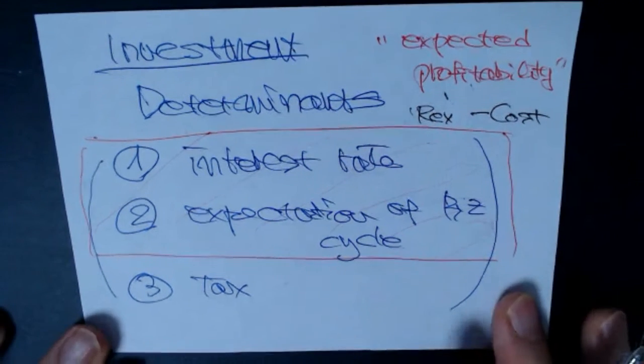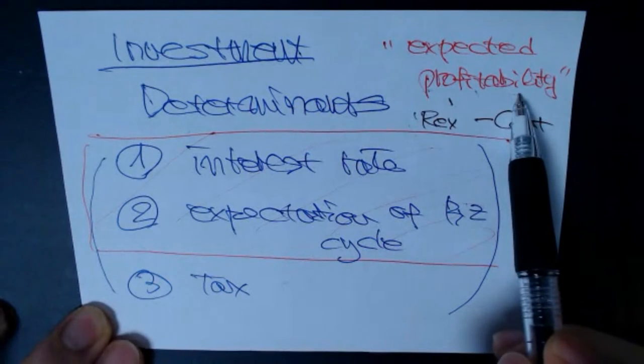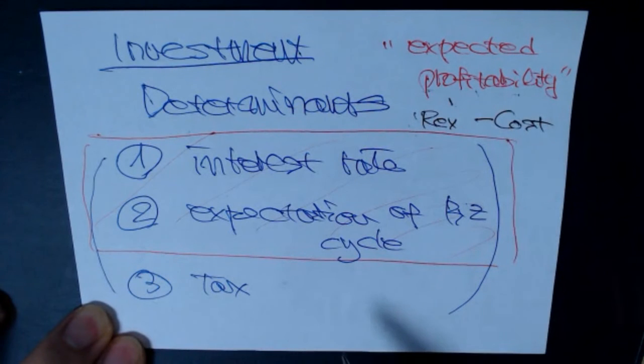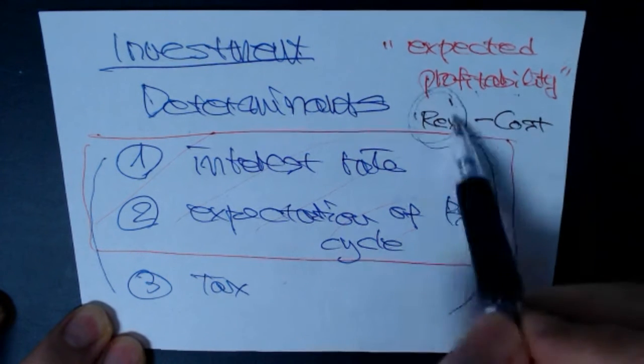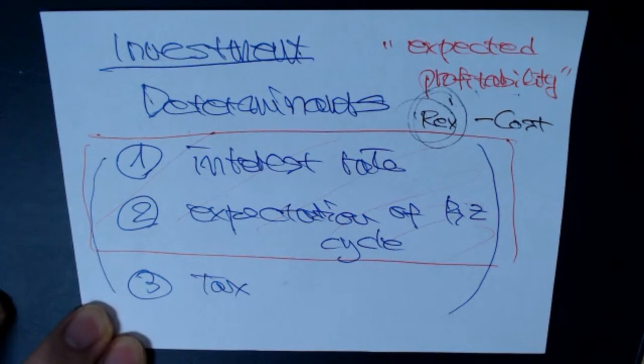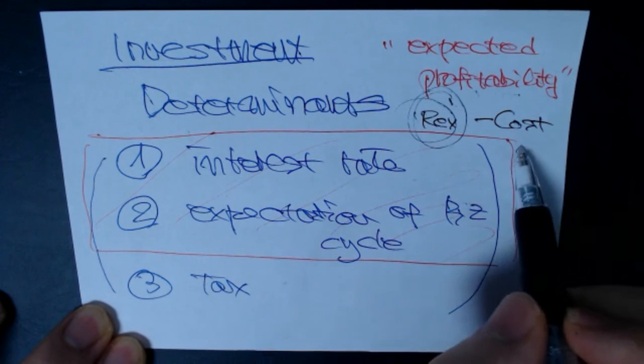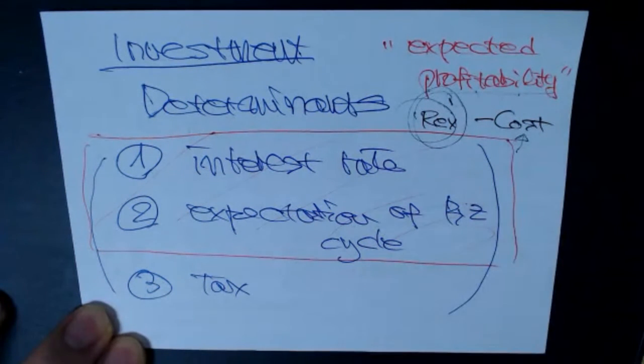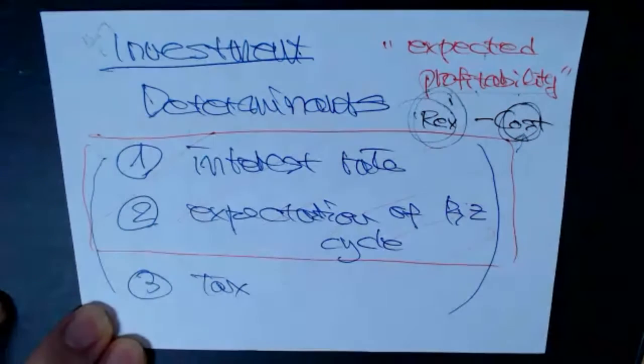Once you have an additional tool, your productivity will increase and you are likely to earn more revenue. But at the same time, you need to spend a certain amount of money to purchase that tool. That's the cost. So revenue minus cost is profit. If you expect that profitability will increase, you're likely to make a new investment.